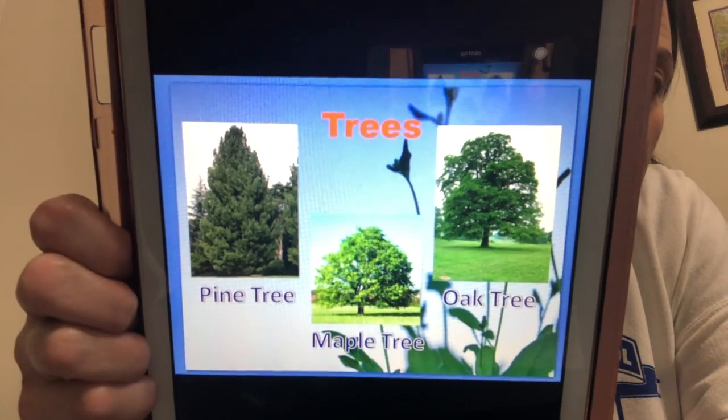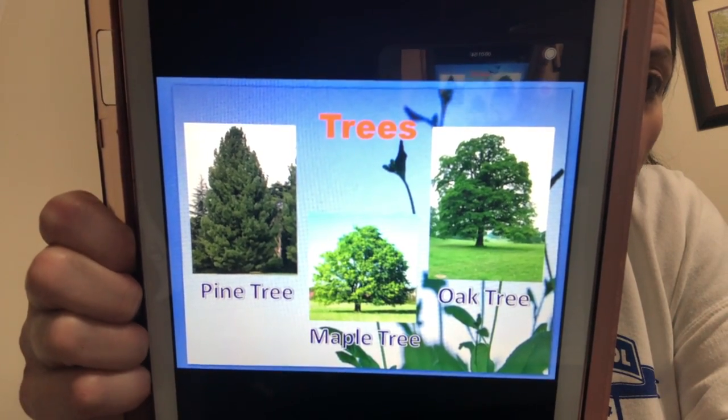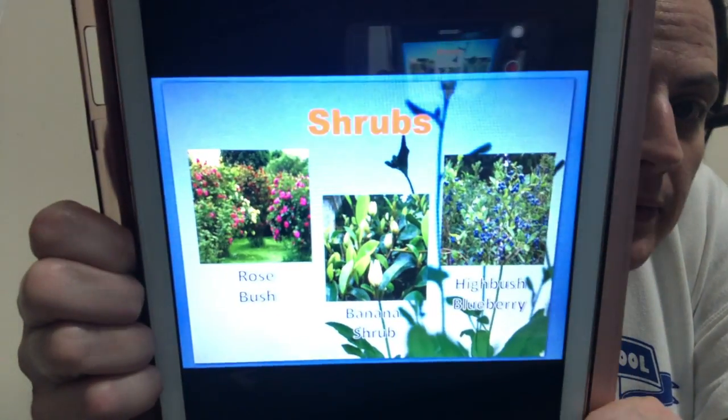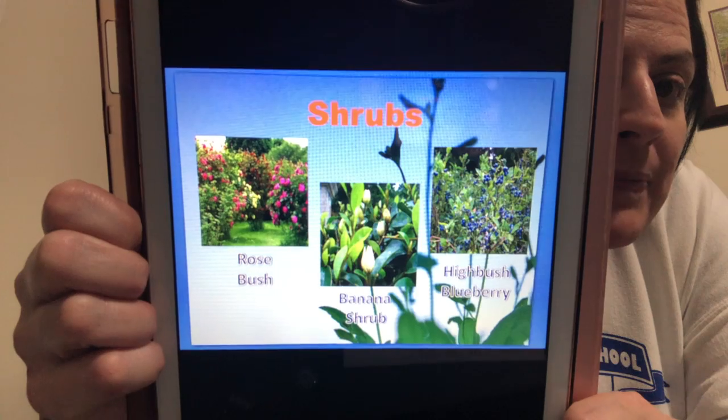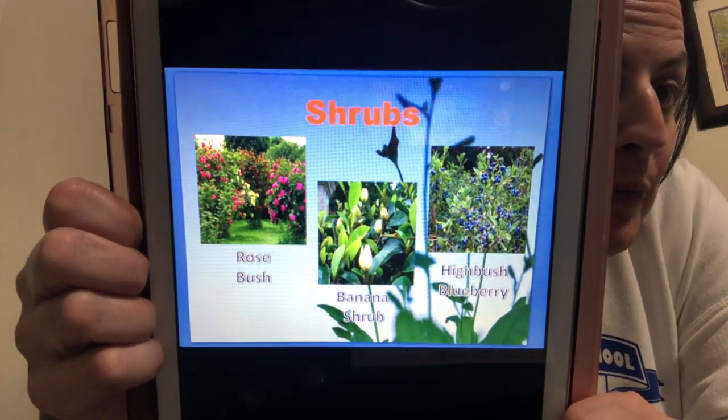We learned that too. We also learned the different types of plants. So we have trees, pine tree, maple tree, and oak tree. They are plants. They're the biggest plants. Then you have the shrubs, which are a rose bush, banana shrub, and a high bush blueberry.